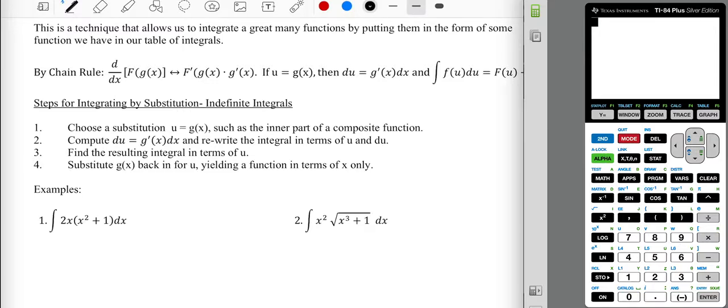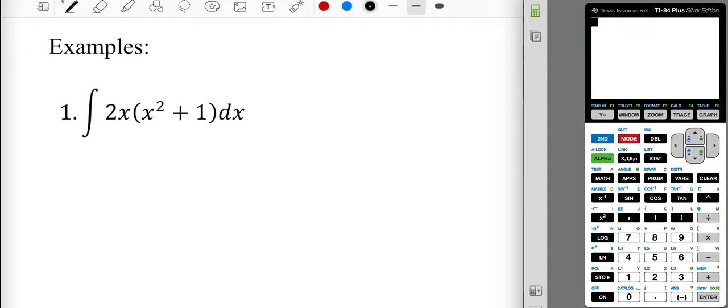So what we like to do is choose generally the more complicated part of the expression to designate as u, right? But really a better way of thinking about it is to say that I want to choose an expression whose derivative is just a constant multiple away from being the other expression.